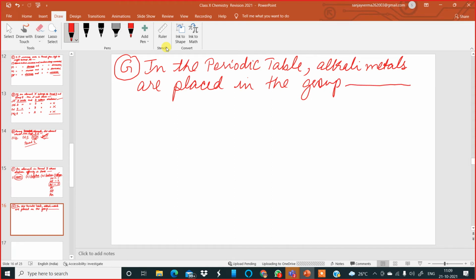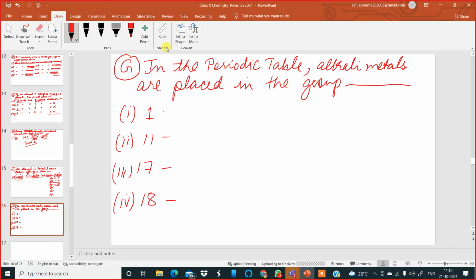So the options I'm writing: Option 1 is 1, Option 2 is 11, Option 3 is 17, Option 4 is 18. This is group 1, group 11, group 17, group 18. Okay. So alkali metals are placed in which group?